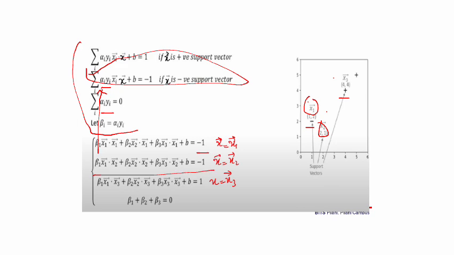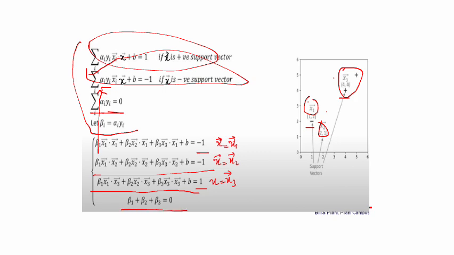For the third equation you see a plus 1 here, because this is in a plus classification segment, right? So b1 x1 dot x3 plus b2 x2 dot x3 plus b3 x3 dot x3 plus b is equal to 1, and then obviously your summation of alpha i yi is equal to 0, which is b1 plus b2 plus b3 is equal to 0, right? So that's where we are.